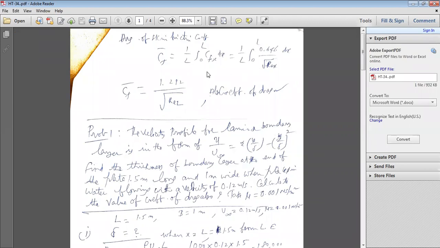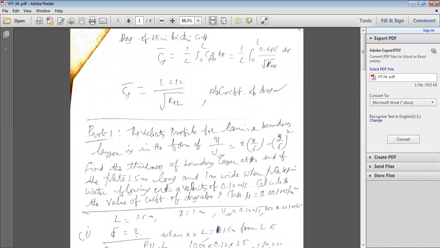That is the local skin friction coefficient. So tau by half rho u free stream square is the local skin friction coefficient denoted with CFX. CFX: C for coefficient, F for friction, X for local.